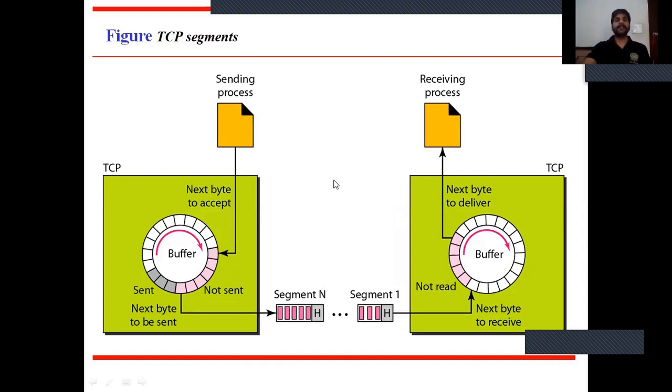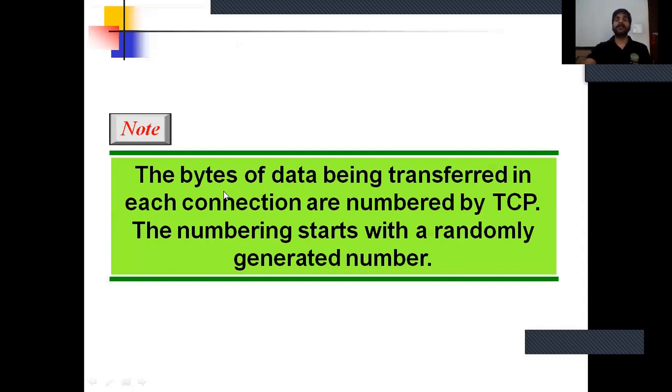Similarly, TCP segments work here: the sending process accepts the next bytes into the buffer, and segments with the transport header and a sequence number travel through the transmission medium to the receiver side, and the receiving process works similarly. The bytes of data transferred in each connection are numbered by TCP.